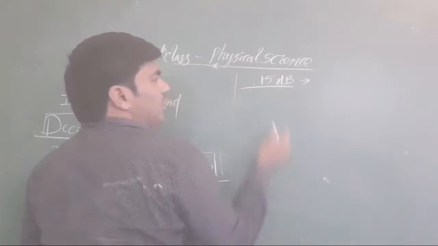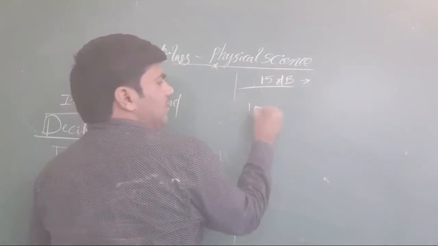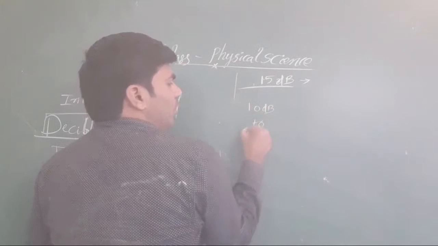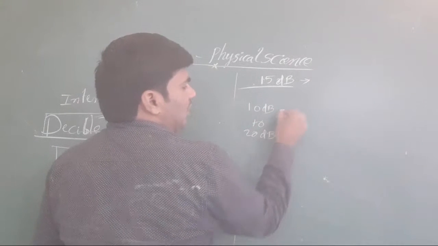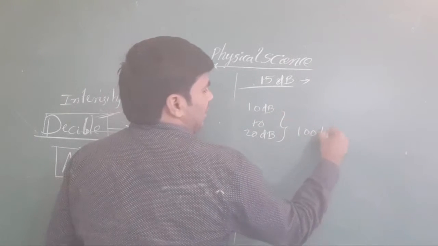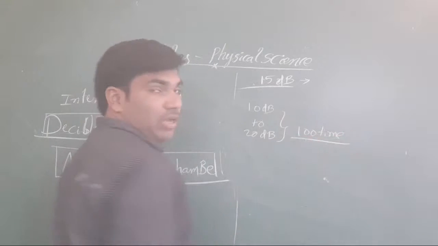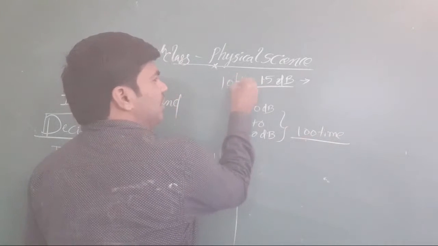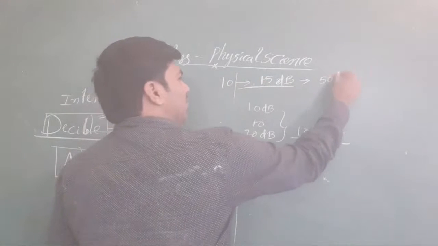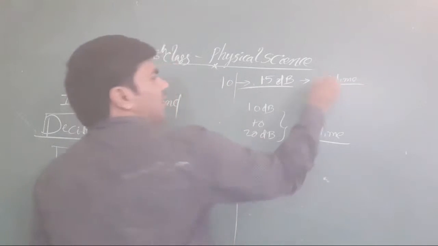Already what we wrote: 10 dB to 20 dB, what is the change here? 100 times. Clear or not, all of you? Then 10 dB to 15 dB, we wrote 50 times here.